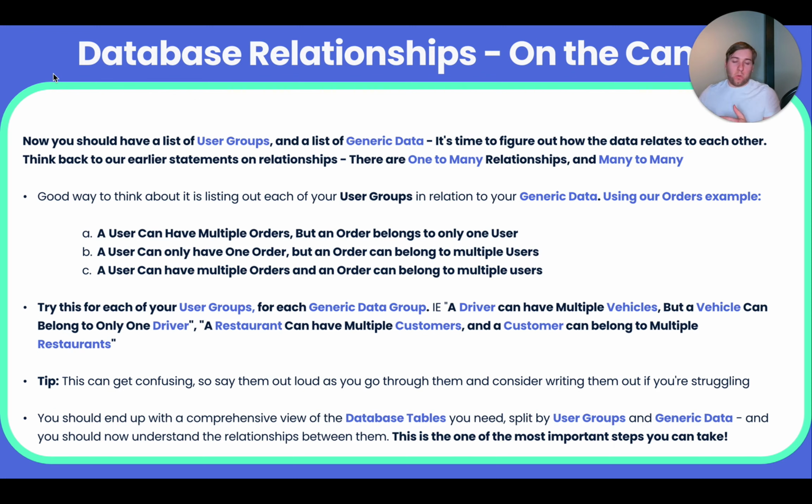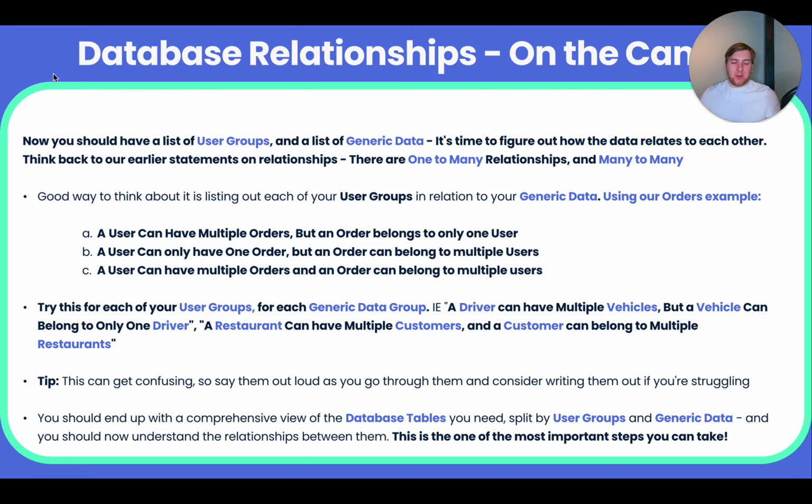So if you've got one data group called customers and one called orders, a customer can have multiple orders, but an order can only have one customer. Does that sound right? As we've got down here, a user can only have one order, but an order can belong to multiple users. Does that sound right? Probably not. A user can have multiple orders, and an order can belong to multiple users. It doesn't quite sound right either.